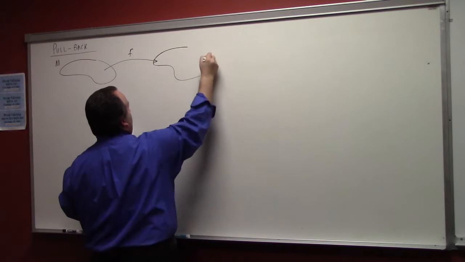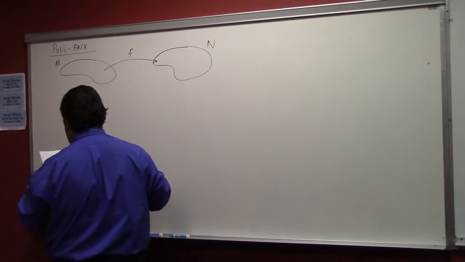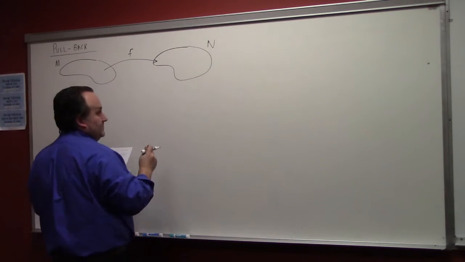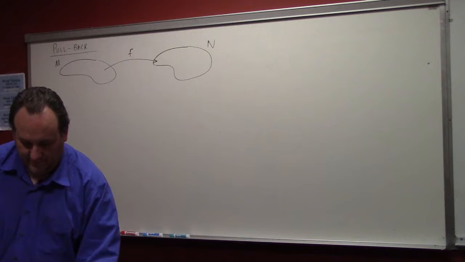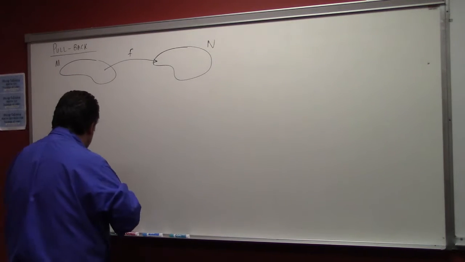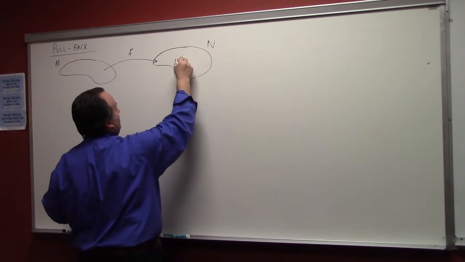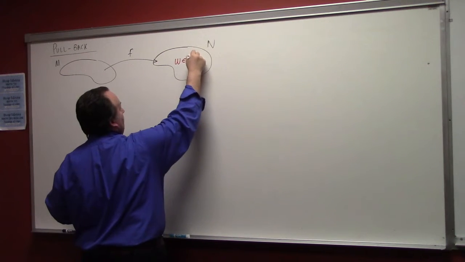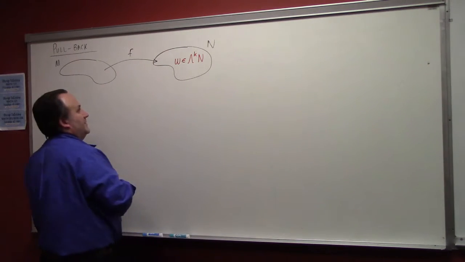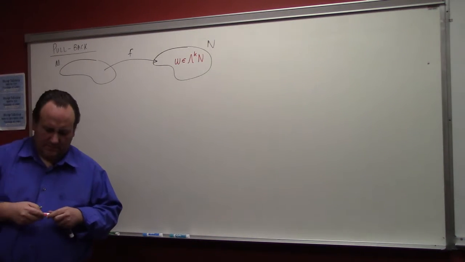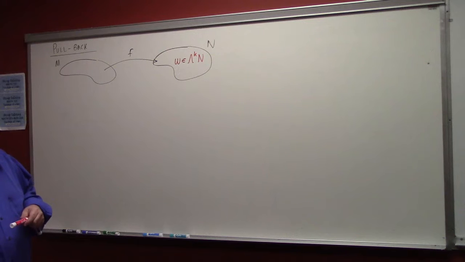You've got some other manifold over here, N, and you're given a K-form on N. We're going to use the notation omega as an element of the K-forms on N. I'm just talking about this as if the K-form is defined on all of N. But of course you could localize this concept to say a K-form defined on some subset of N, right?